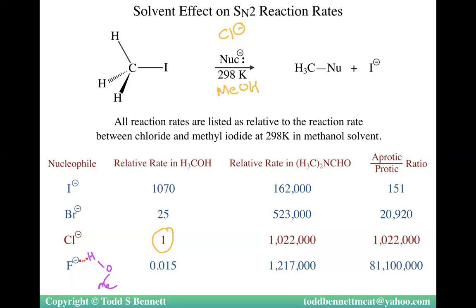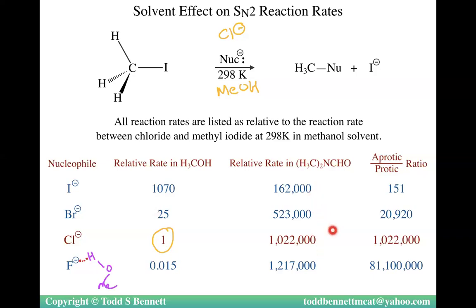There's a lot of information here. This is a thought-provoking scenario where fluoride is the worst in protic, but the best in aprotic. So when we say what nucleophile is the best, we go back to the table we had in Toddcast 33. That table is based on a semi-protic environment, I should say, because it gave I as the better nucleophile.